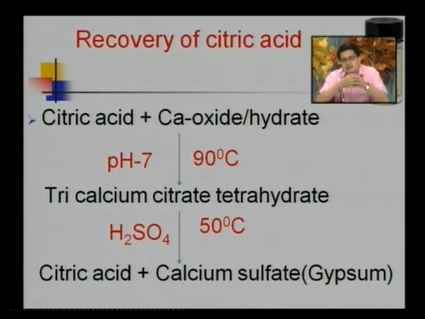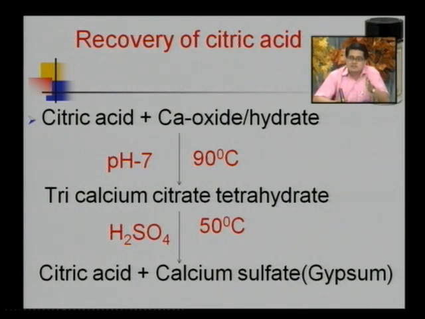This tricalcium citrate tetrahydrate precipitate is then transferred into an acidulator, and in the acidulator at 50 degrees centigrade, H2SO4, that is sulfuric acid, is added. This sulfuric acid breaks down the tricalcium citrate tetrahydrate into citric acid and calcium sulfate, that is gypsum.